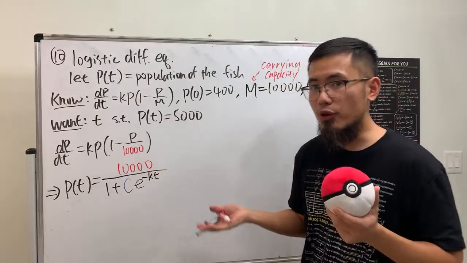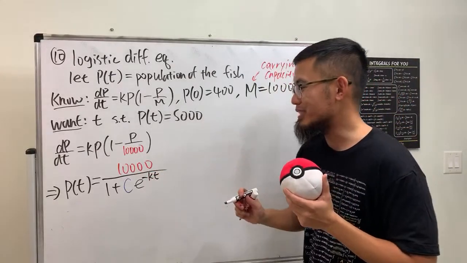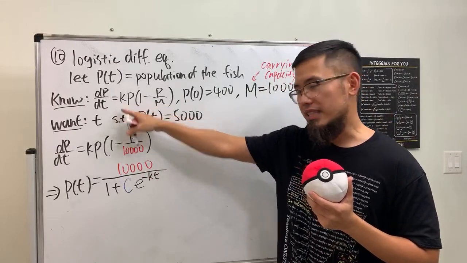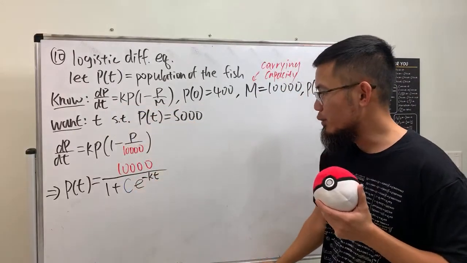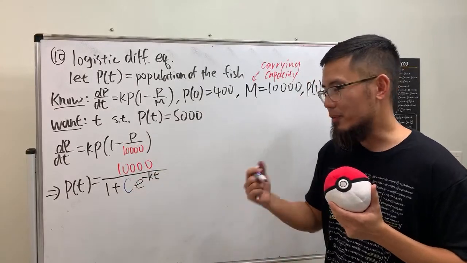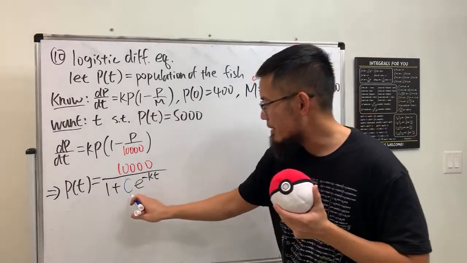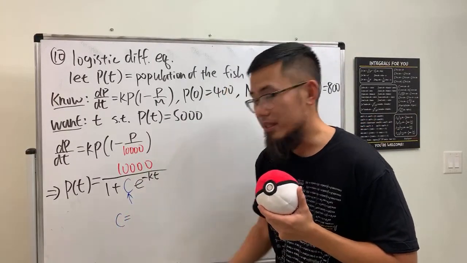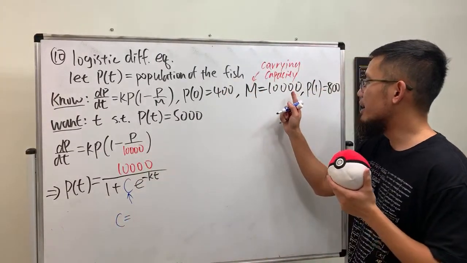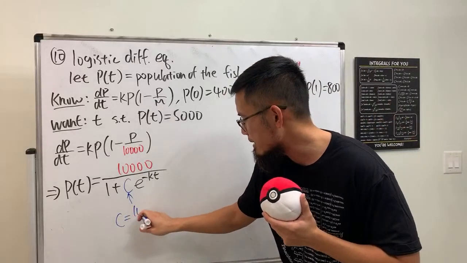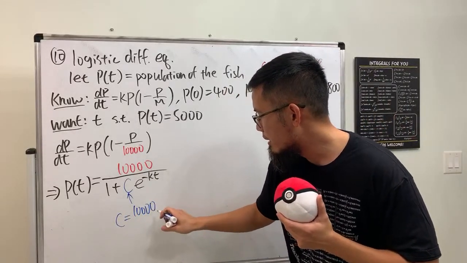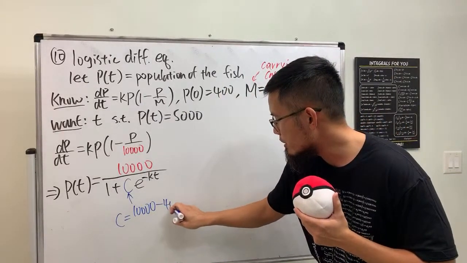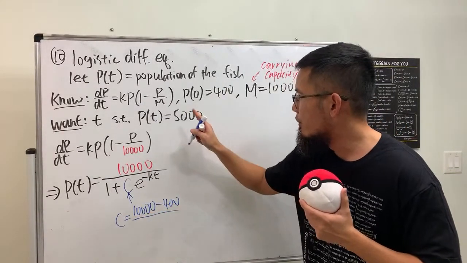You have a general form for this, and I let you guys use that if you recognize that the differential equation you set up is exactly the one we can use, from the cover page of my test. Better yet, for the c, it's actually very easy to find because it's just the maximum, or the carrying capacity, which is 10,000, minus the initial, which is the 400, divided by 400.